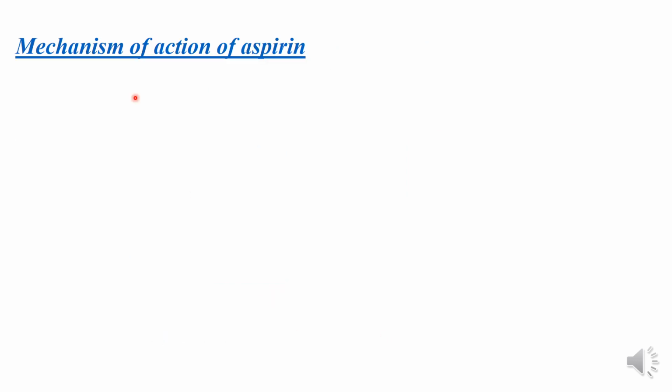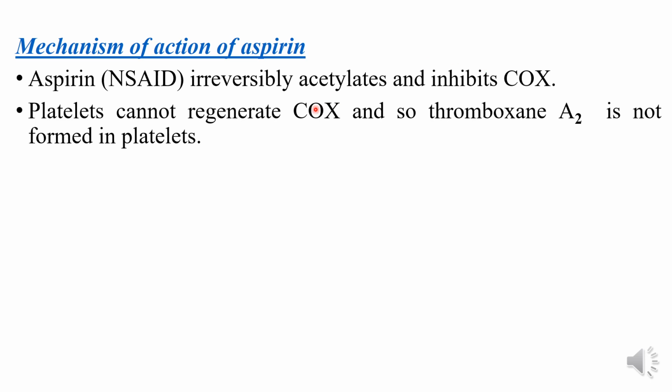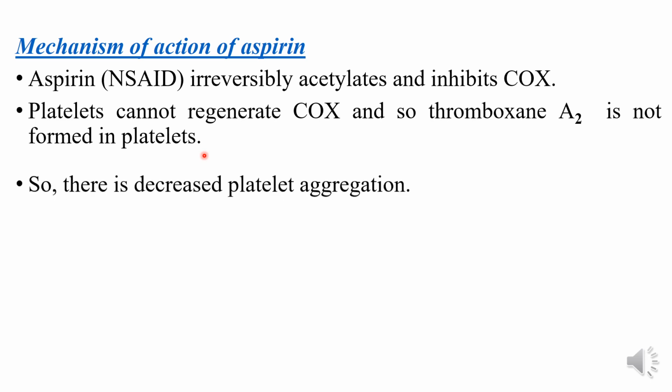What is the mechanism of action of aspirin? Aspirin is basically an NSAID which irreversibly acetylates the cyclooxygenase enzyme and inhibits it. So the platelets cannot regenerate cyclooxygenase, and so thromboxane A2 is not formed in platelets, so platelet aggregation can be stopped.